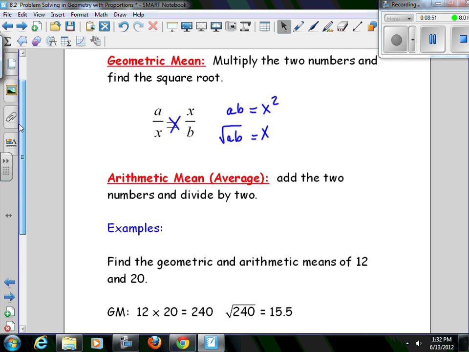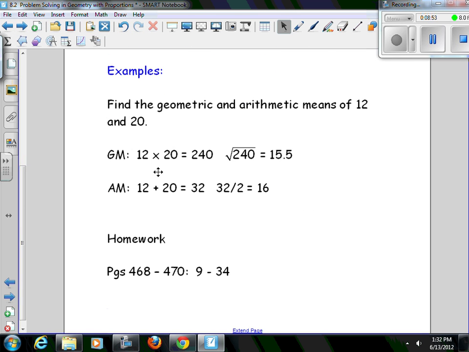Multiply the two numbers and find the square root. So 12 times 20 is 240. The square root of 240 is 15.5. Remember, it's the positive version, so it's positive 15.5. The arithmetic mean means you're going to add together 12 and 20, which is 32, and just divide by 2, and we get 16.